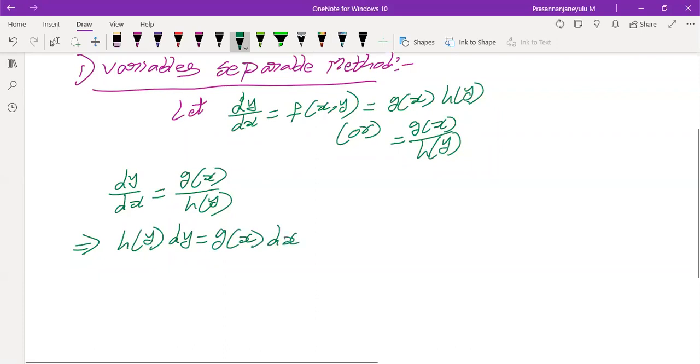Now, the variables are separated. Whenever the variables are separated, what we have to do immediately is integration on both sides. So what is the point? Whenever we separate the variables, immediately apply integration on both sides. That is the concept of the variable separable method.